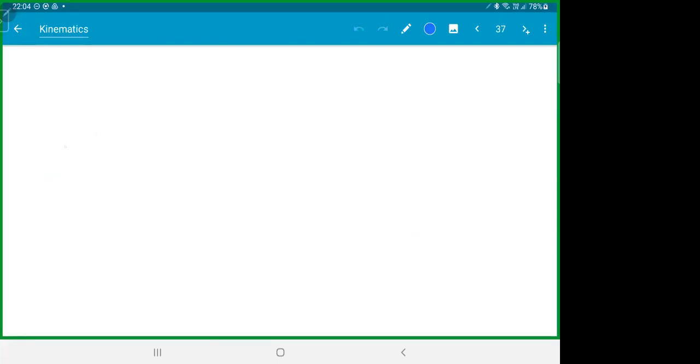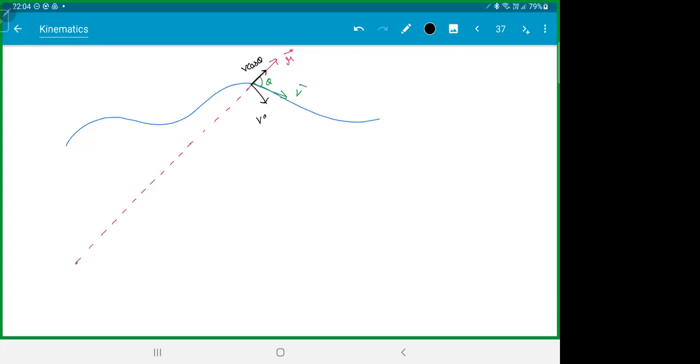So a bit of theory on this. Let's say a particle is going in some random path and this is your position vector here. Let's say this is your r bar, and this is your velocity vector v bar, and this is the angle theta. Now, if you resolve the velocity vector into components, this component will be v cos theta and this component will be v sine theta.